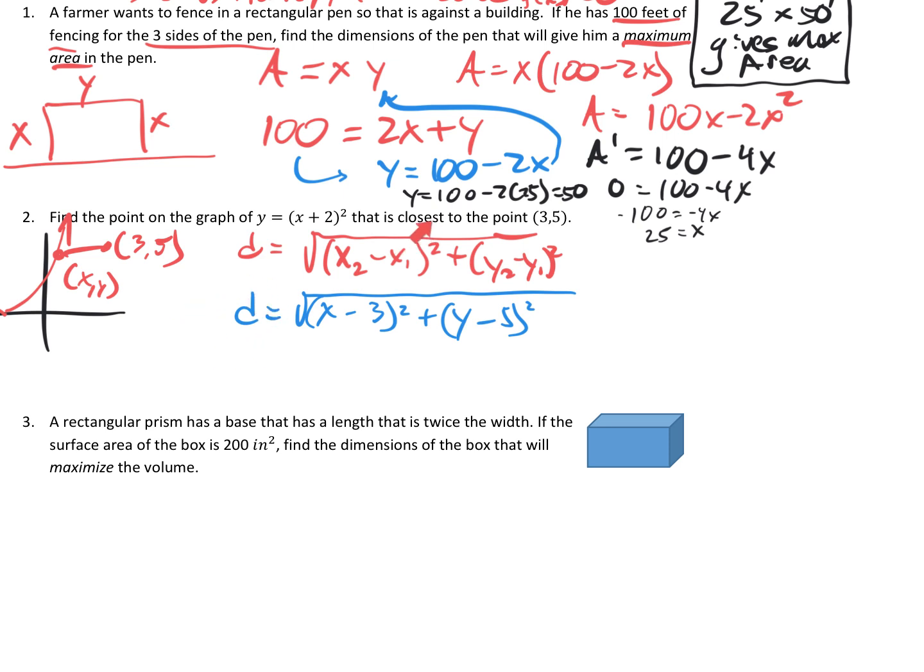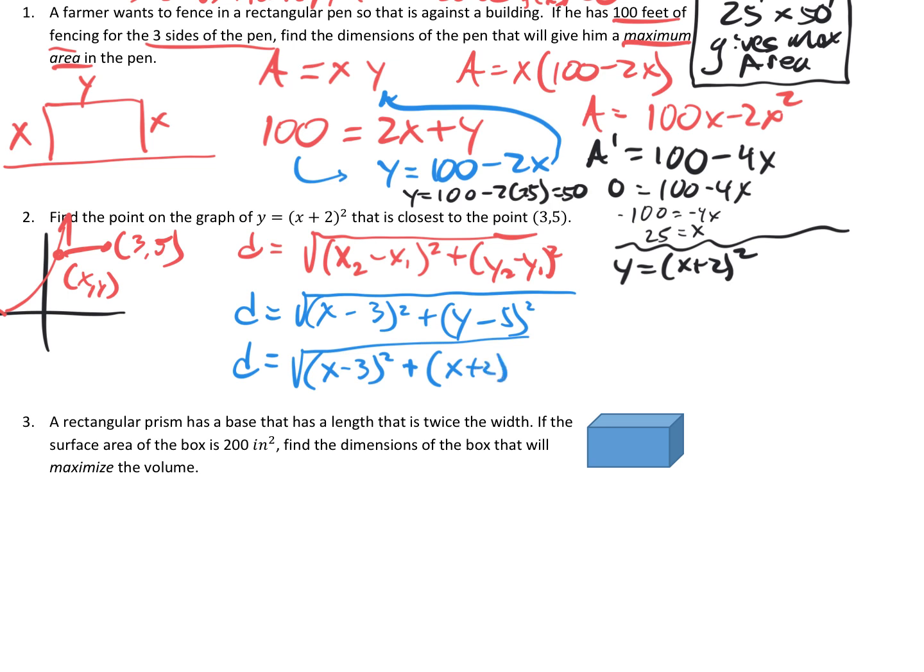We want it to be closest, that means the minimum. So we need a secondary equation. Our secondary equation is the one given to us, y equals (x plus 2) squared. So we plug that in: d for distance equals the square root of (x minus 3) squared plus ((x plus 2) squared minus 5) squared.